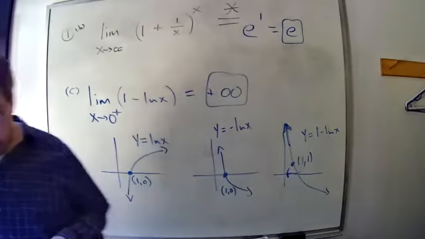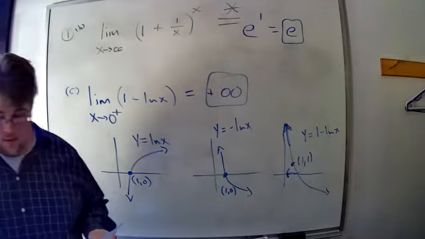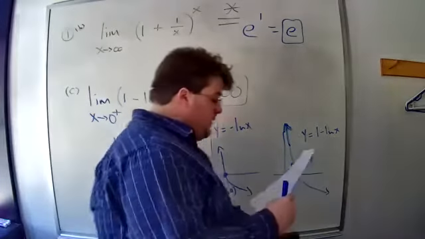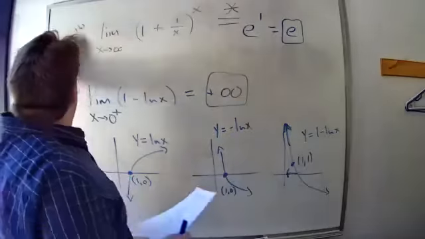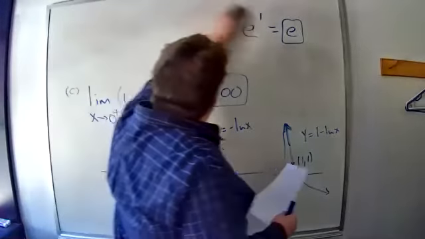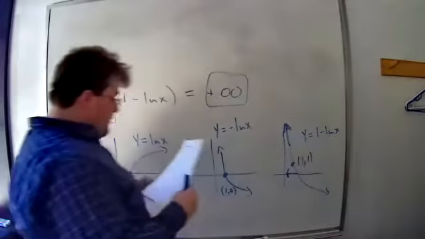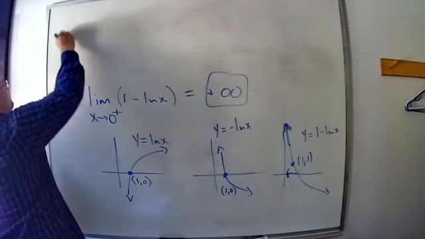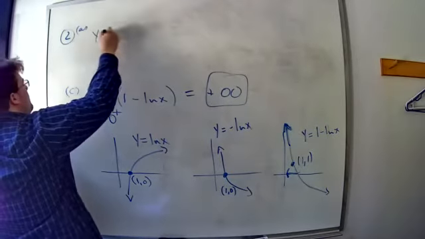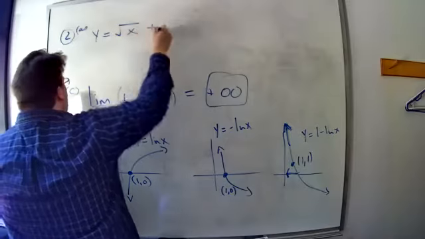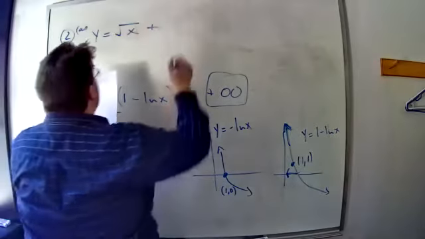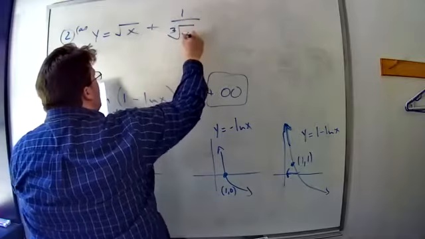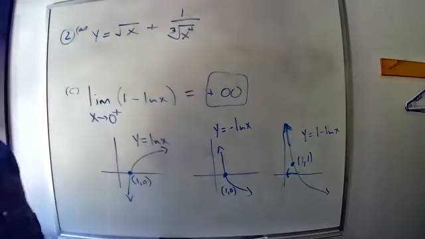Okay, number two, we have a couple of derivatives. Well, 3 derivatives. It's more than a couple. So how can we do these? Well, let's write the function first. 2a: y equals root x plus 1 over the cube root of x to the 4.